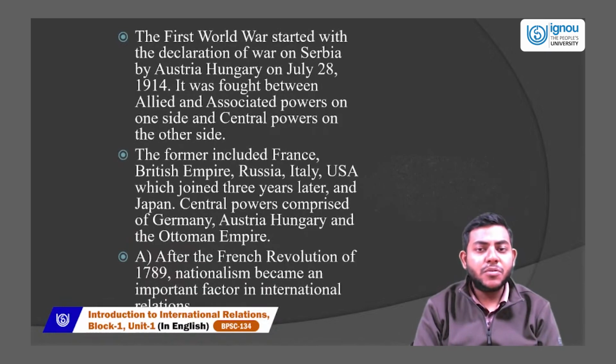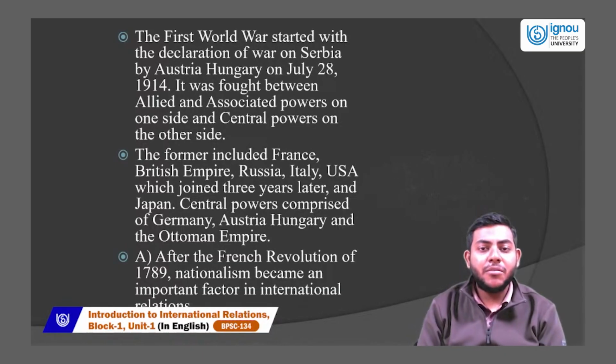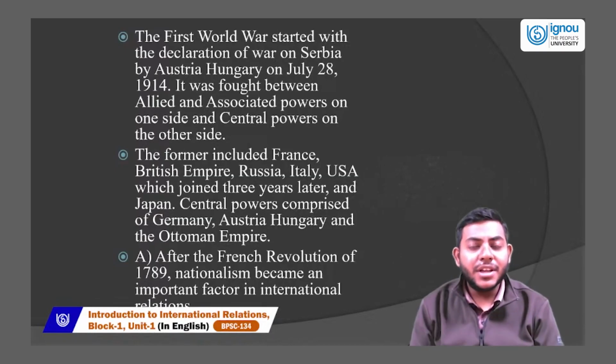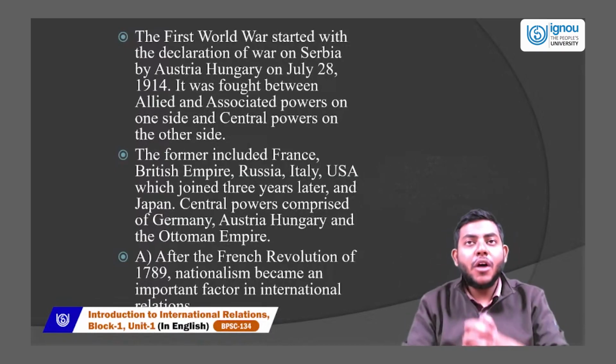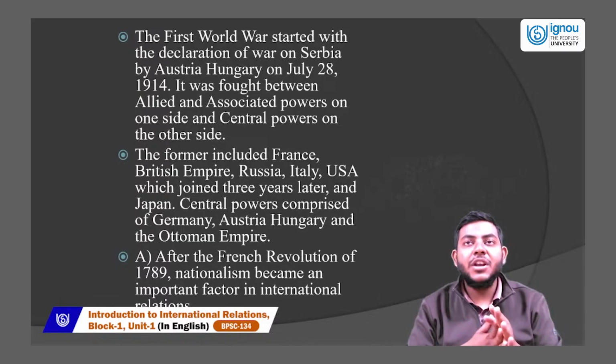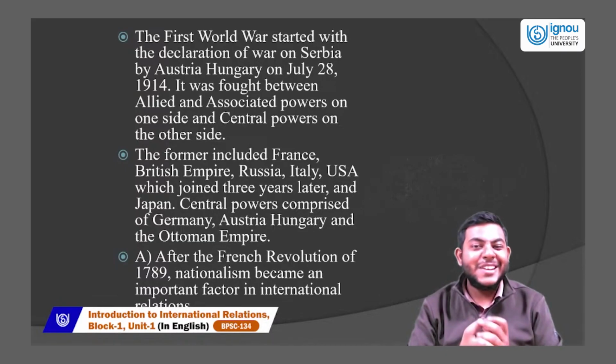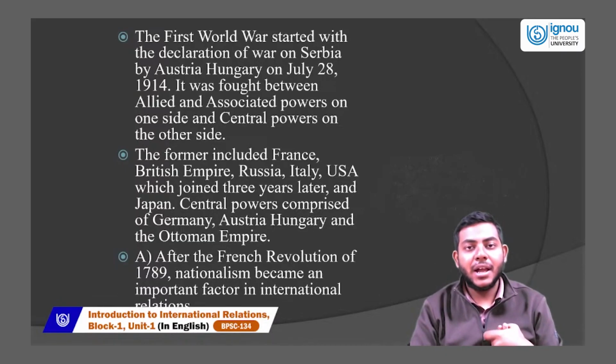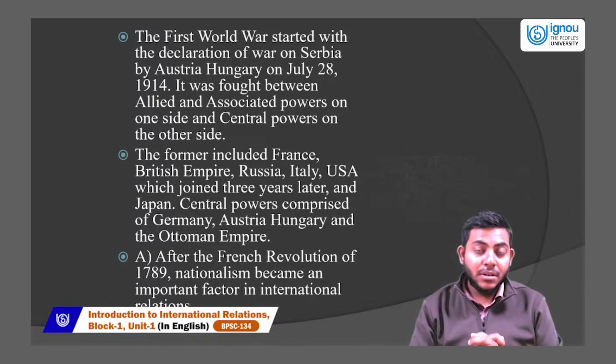So the First World War started with the declaration of war on Serbia by Austria-Hungary on July 28, 1914. The reason was that the Archduke of the Austro-Hungarian Empire, Archduke Franz Ferdinand, was assassinated by Gavrilo Princip, a Macedonian revolutionary belonging to the revolutionary anarchist organization called Black Hand.